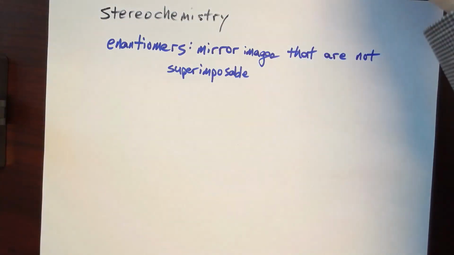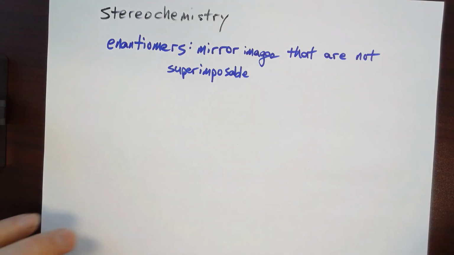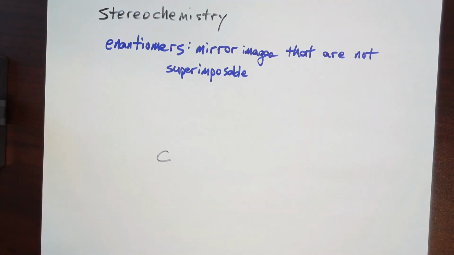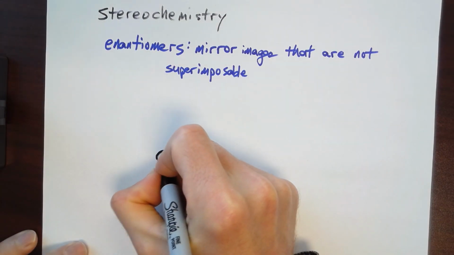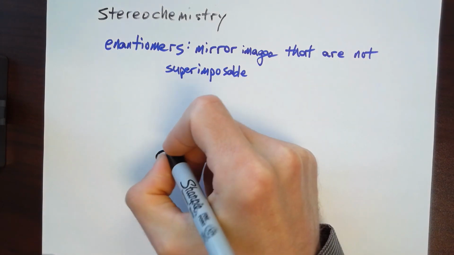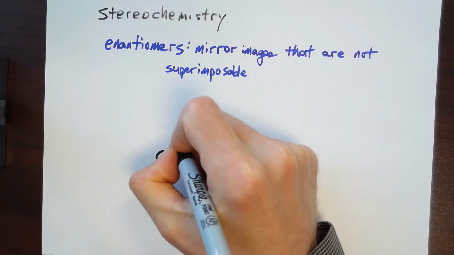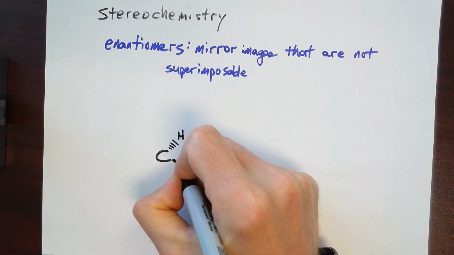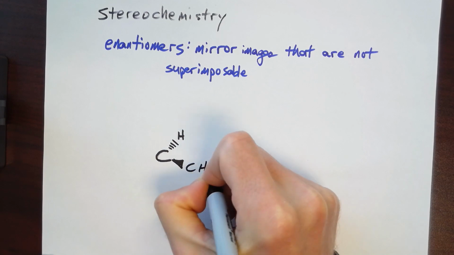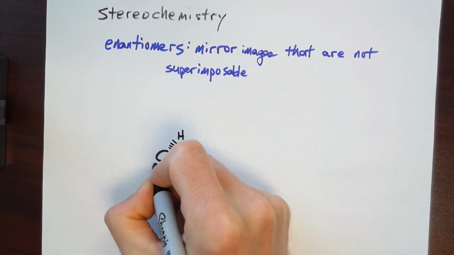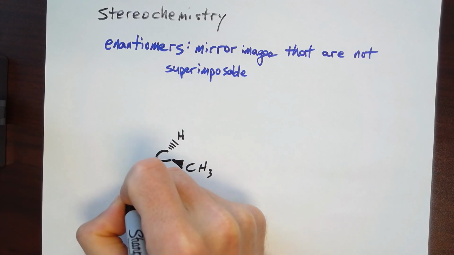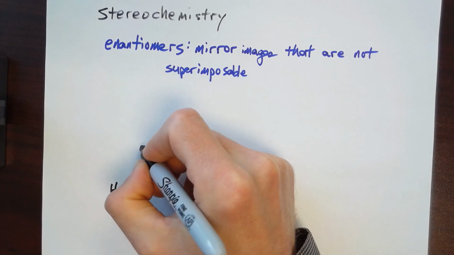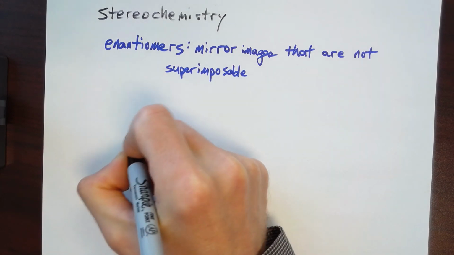So let's work a couple of examples. If I have a carbon, and in the background I'm going to put hydrogen, and in the foreground I'm going to put a methyl group, and then over here I'm going to put an ethyl group, and then over here I'm going to put a bromine.